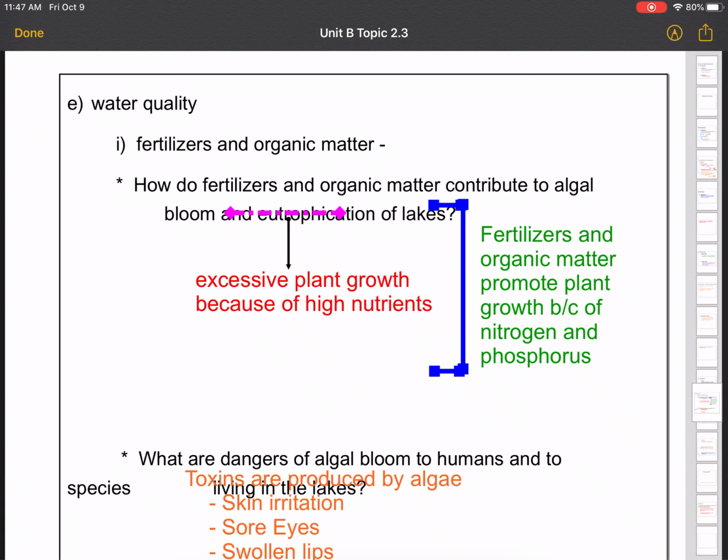So what that all means is that when we put fertilizers on our soil, water can rain down from the sky and carry those fertilizers into lakes, ponds, rivers, oceans, whatever kind of water body. And those nitrogens and extra fertilizer in the water create algae.